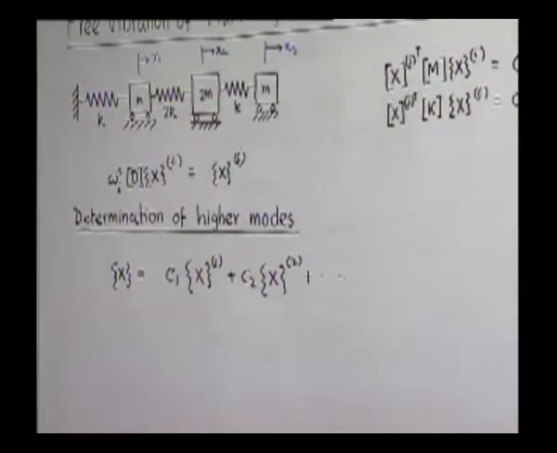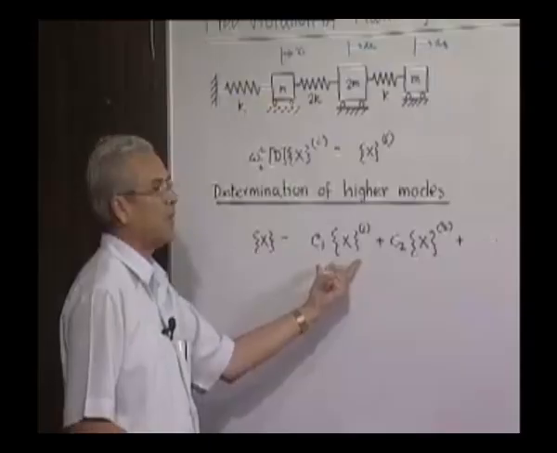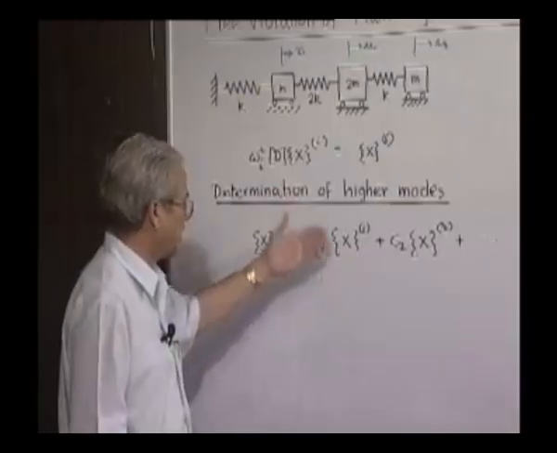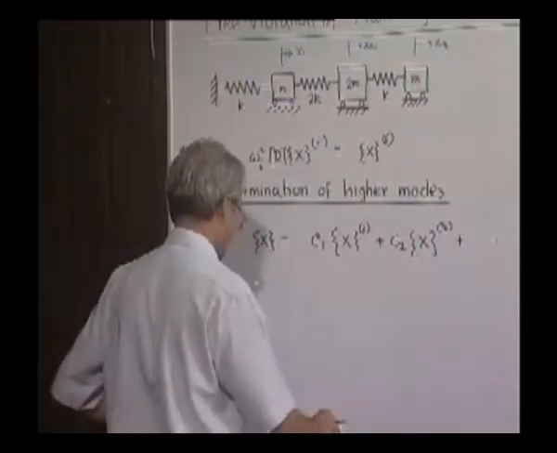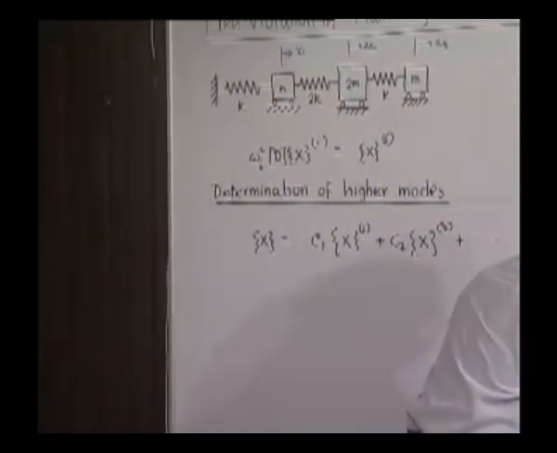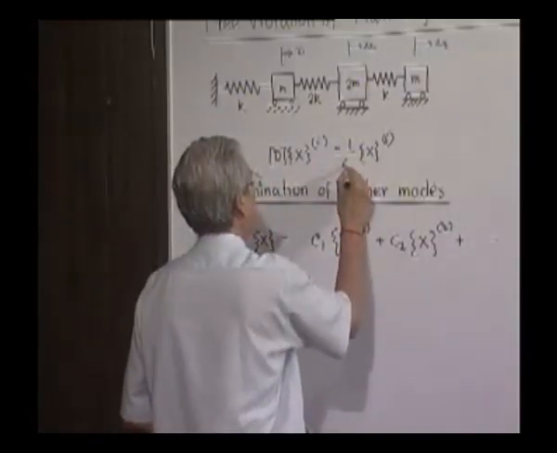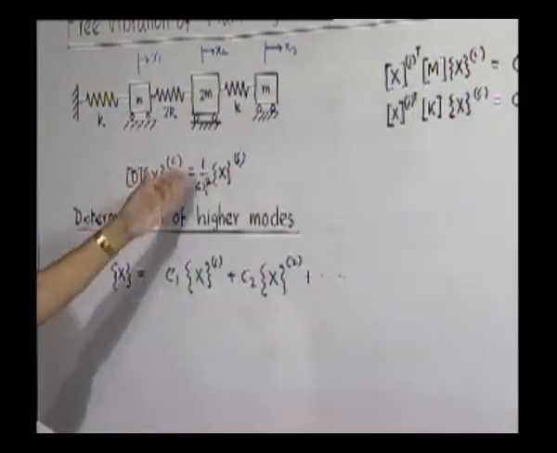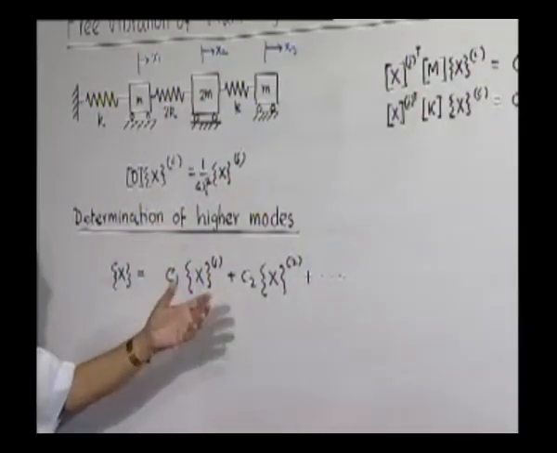Now you see that when we pre-multiply this by the D matrix again and again, gradually this term tends to become more and more prominent, because of the factor 1 by omega 1 square by which it is multiplied for each pre-multiplication by D. So every time we pre-multiply by D, one such term comes, and as omega 1 is the smallest, this is the largest, and repeated multiplication causes this term to be prominent.